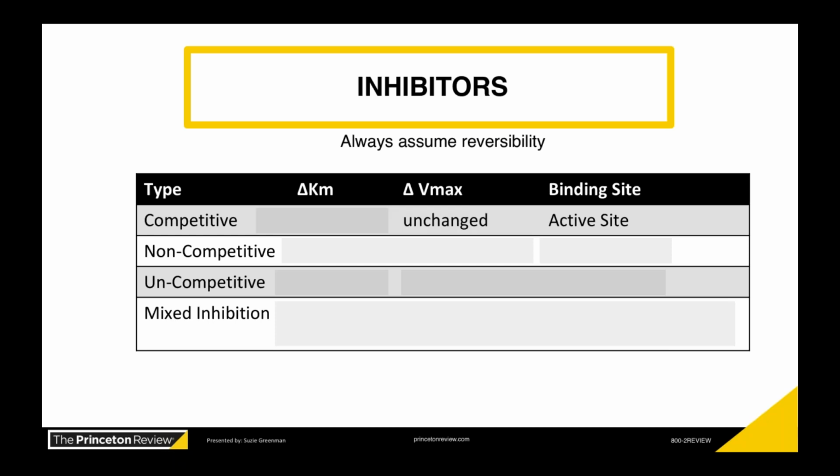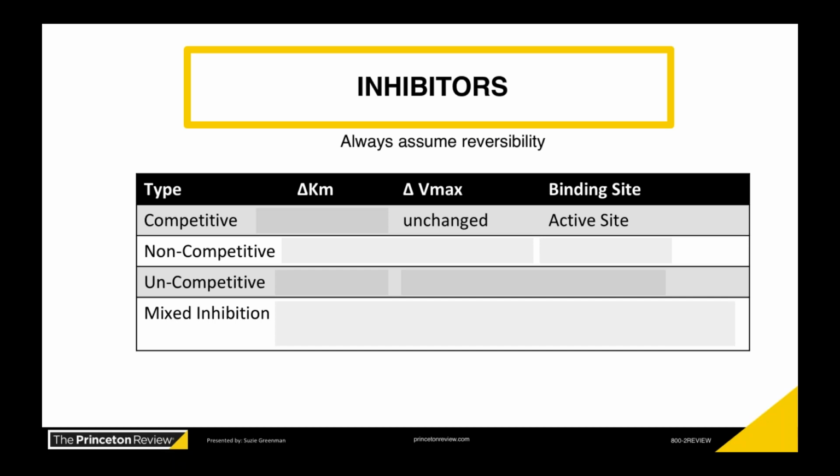What about my Km? For Km, you want to ask yourself, am I changing my affinity? And I am, right? My affinity is going down because my affinity is being changed by the fact that the inhibitor is affecting the ability of my substrate to bind with my active site.